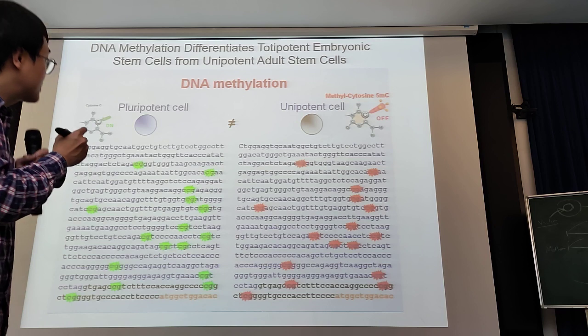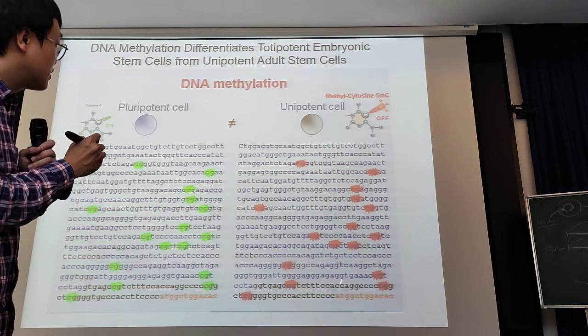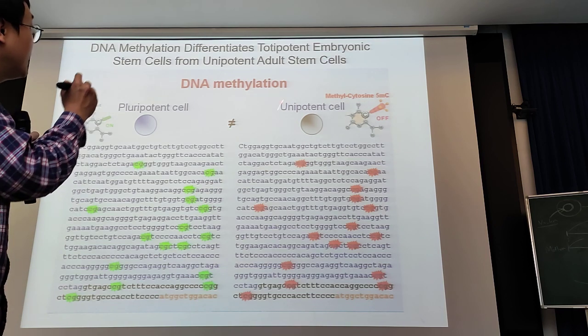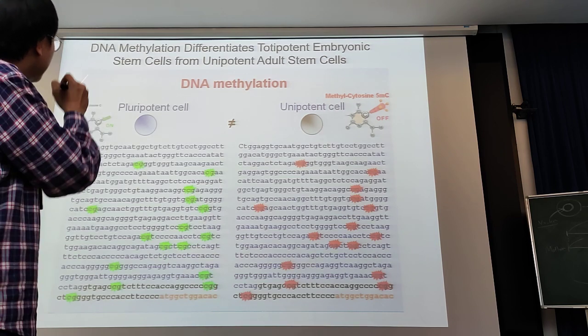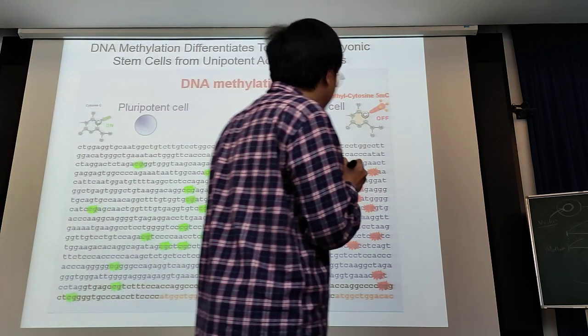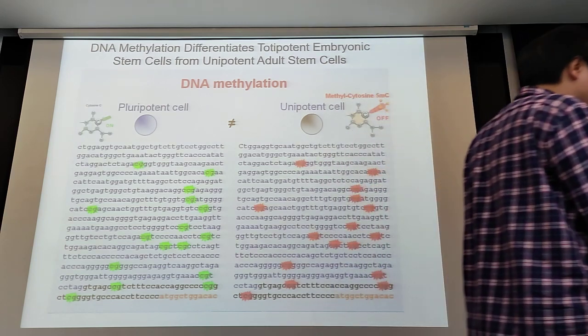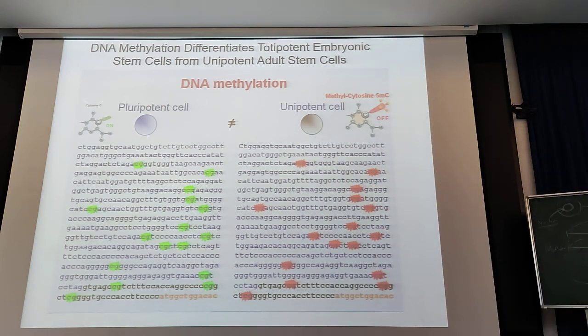So that signal shows that this gene was turned off in the unipotent cell, and it will be turned on in the pluripotent cell. So in differentiation, different factors in the environment will decide to turn off these genes when the pluripotent cell differentiates into the unipotent cell.